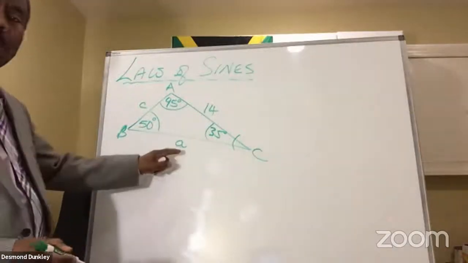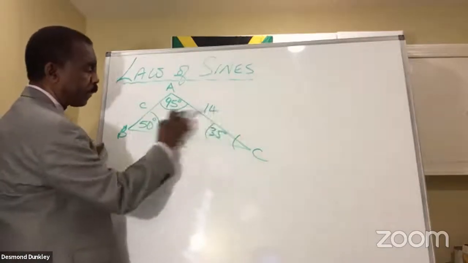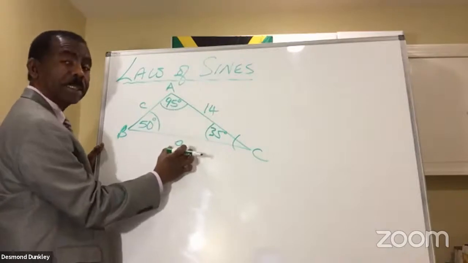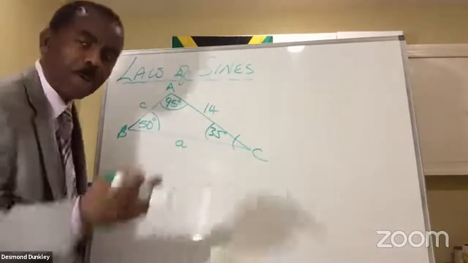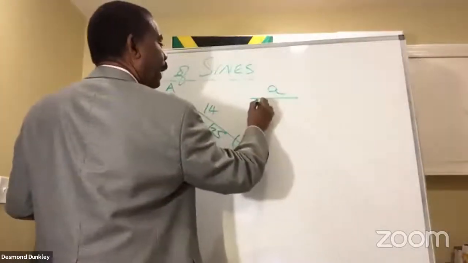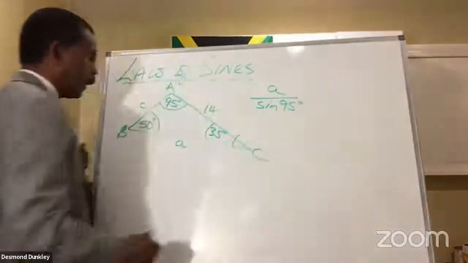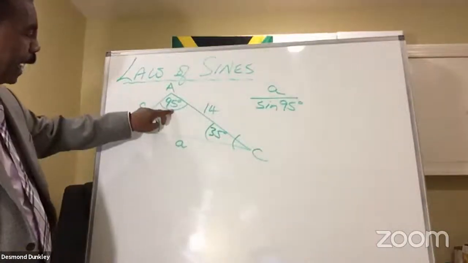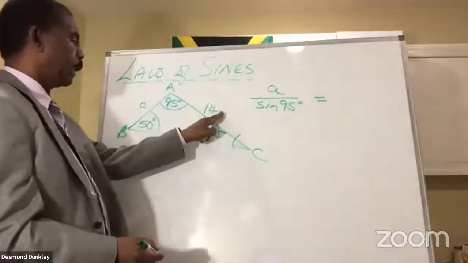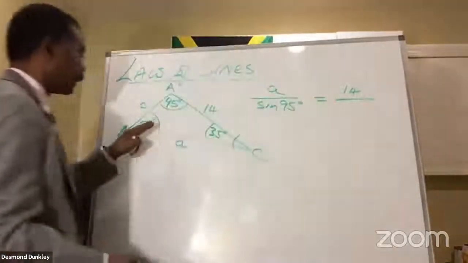Now let's go ahead and calculate A. We have a pair of angle and corresponding side. We also have this angle, so therefore I can find side A. According to the law of sines, A over sine 95 degrees must be equal to 14 over sine of 50.